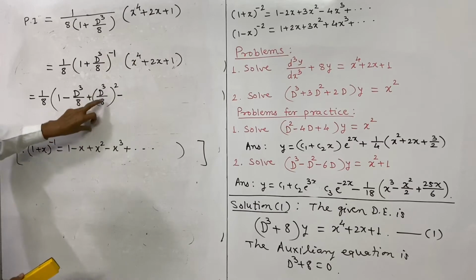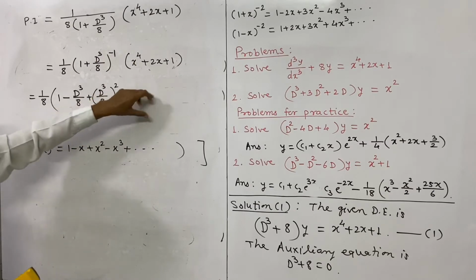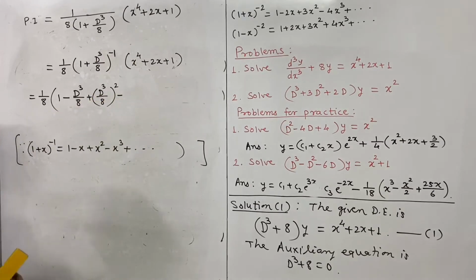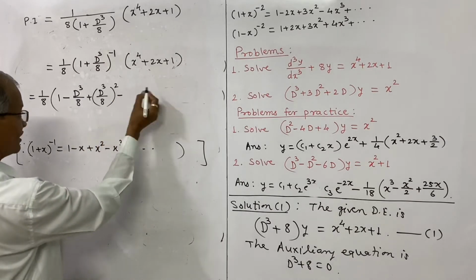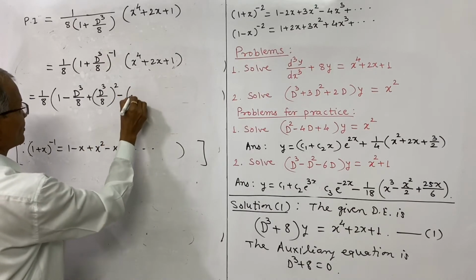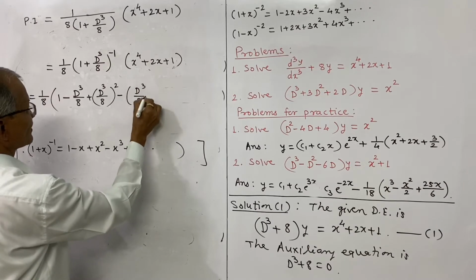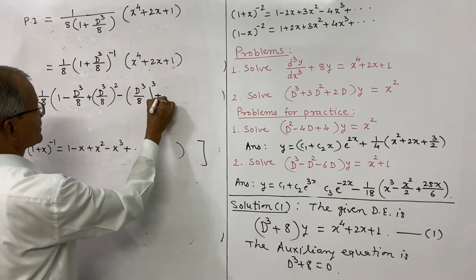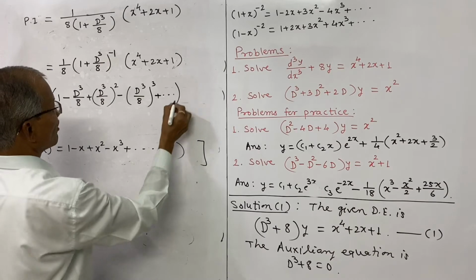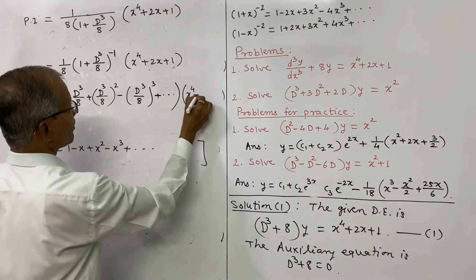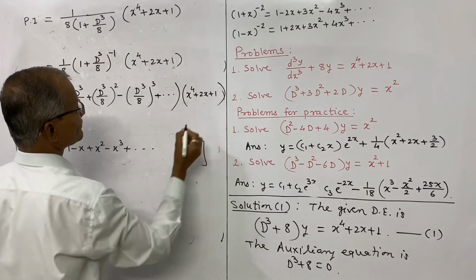But the second term is of power 6, and there is no need to write the remaining terms. So this term continues, minus d cube by 8 cube and plus so on, operated on x power 4 plus 2x plus 1.